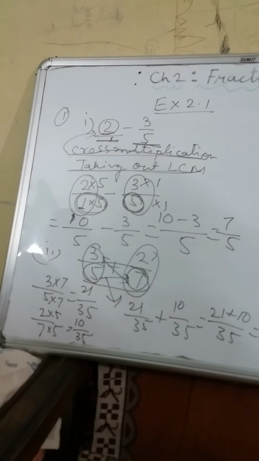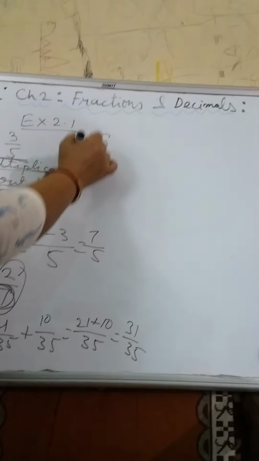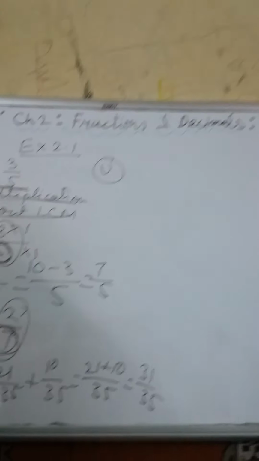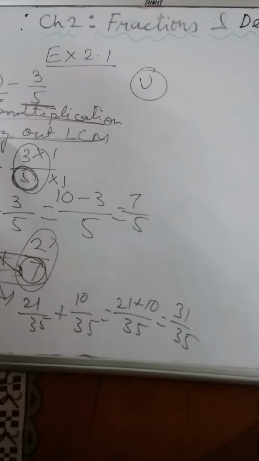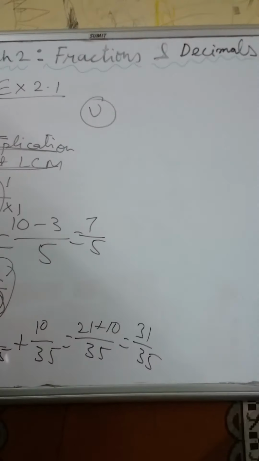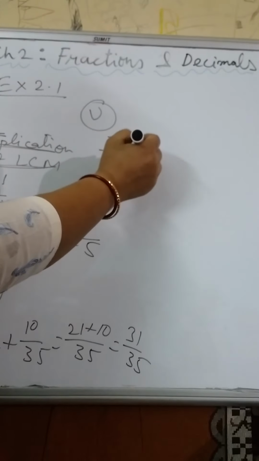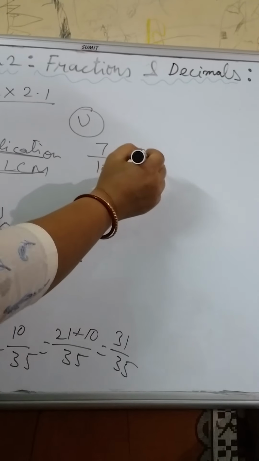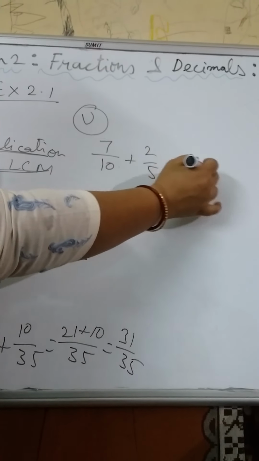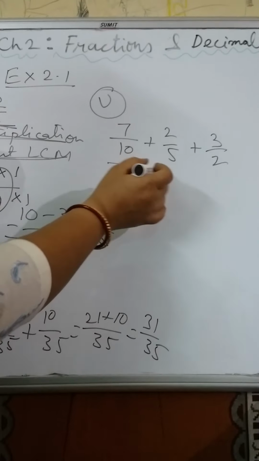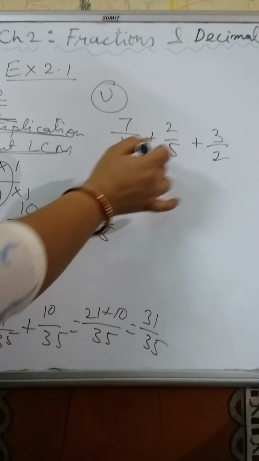Okay. There is another method also, by taking out LCM. So let's consider question number 5. It is 7 by 10 plus 2 by 5 plus 3 by 2. Here there are more than two fractions.